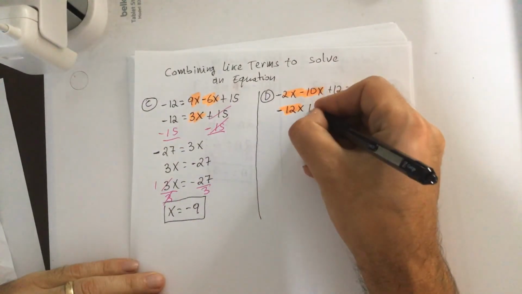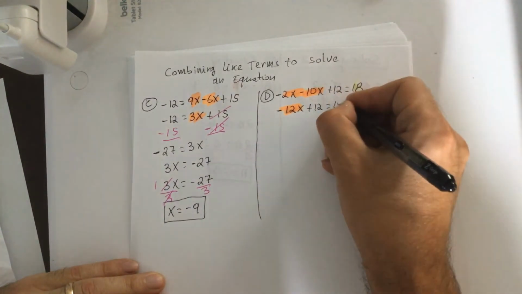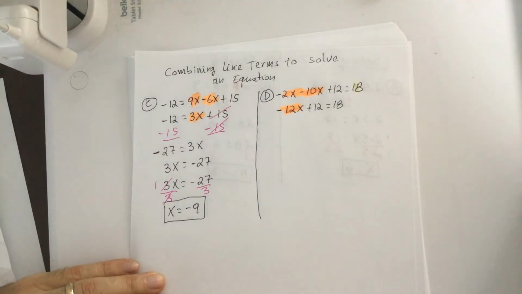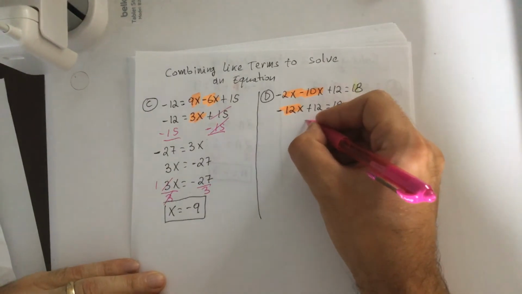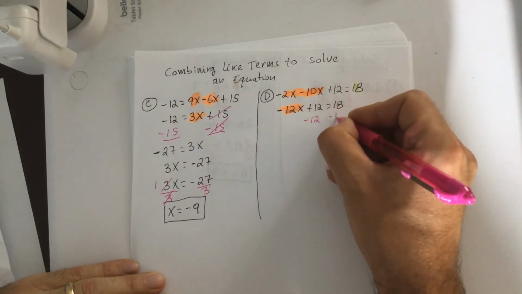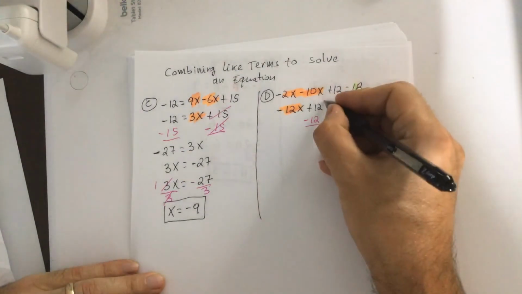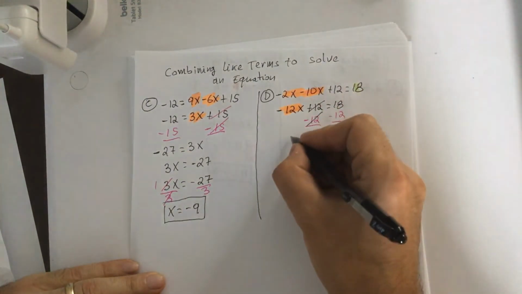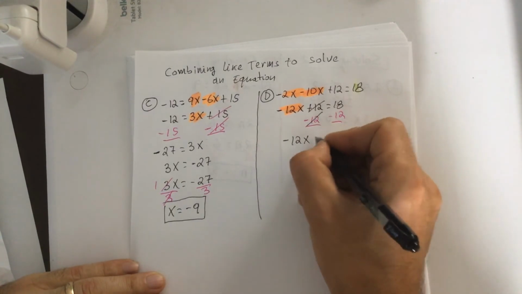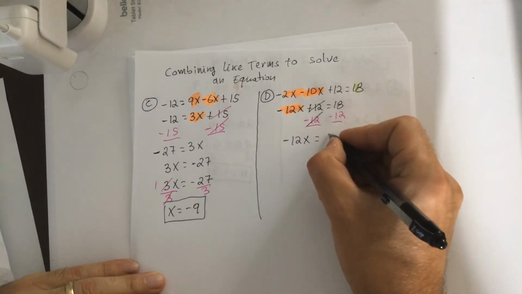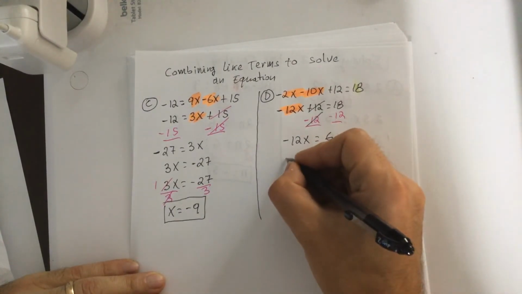Plus 12 equals 18. Now, next step, subtracting 12 from both sides of the equation. 12 minus 12, well, they cancel each other, so we got negative 12x. 18 minus 12 is gonna be 6.